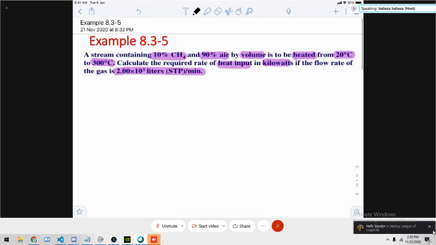Okay, you have your diagram. You need to draw your diagram. This is a stream. There's a stream coming in and there's a stream going out. Same diagram. You have your 2 times 10 to the power of 3 liters at standard temperature and pressure per minute coming in, so that same value will be coming out.